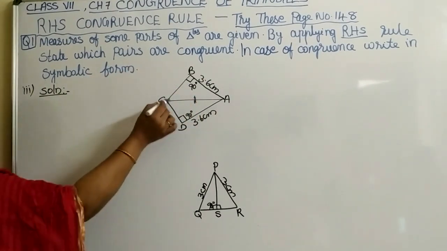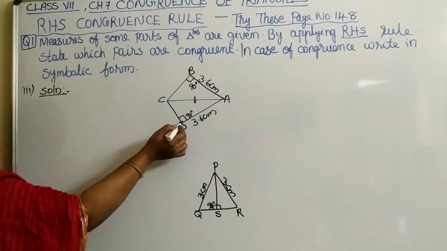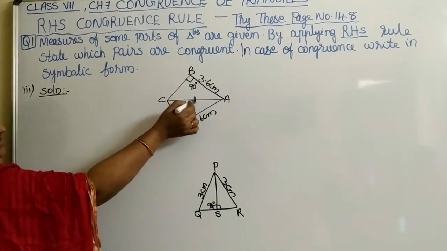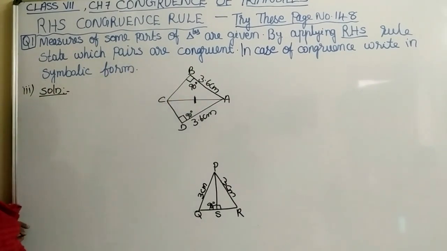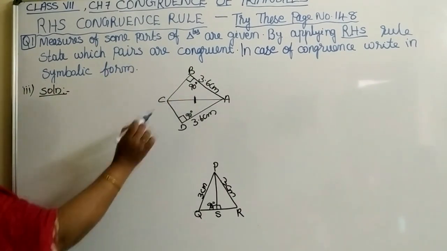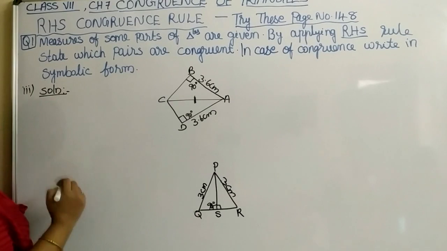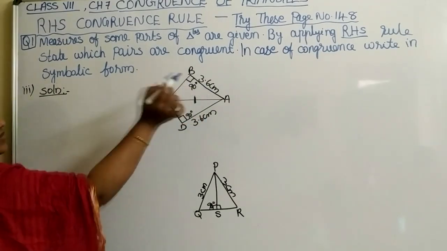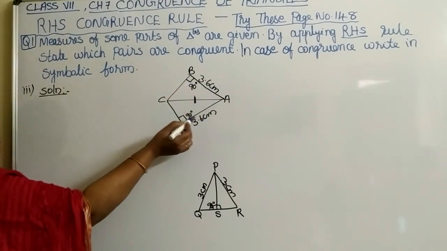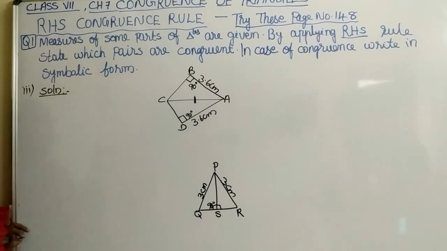And in ADC, the opposite side of angle 90 degrees is side CA, which is the hypotenuse. So the hypotenuses are the same, and one of the sides given is 3.6 centimeter. Here also one of the sides is given with the same measure, 3.6 centimeter. So the two triangles are congruent.